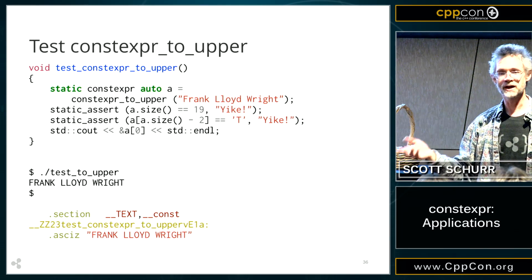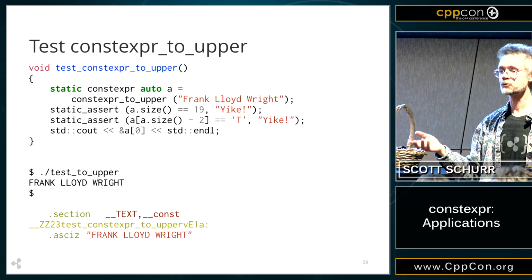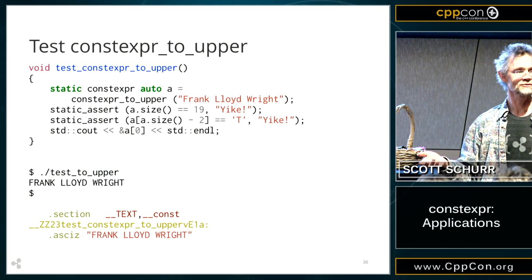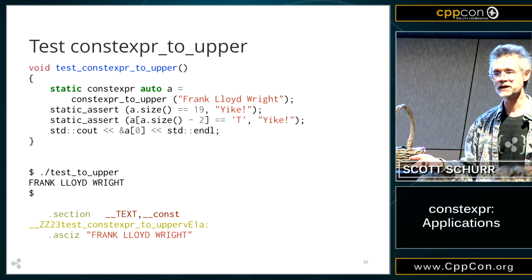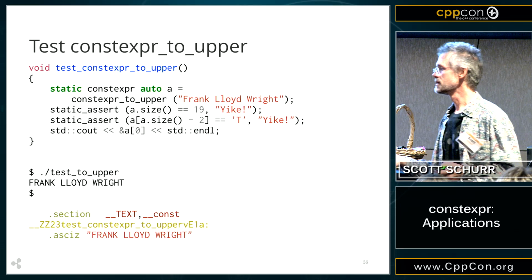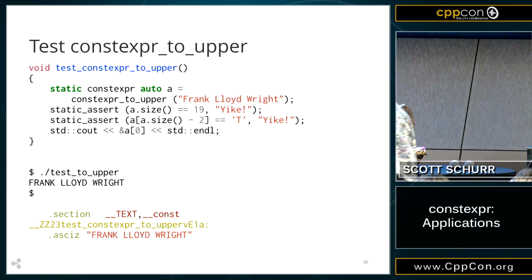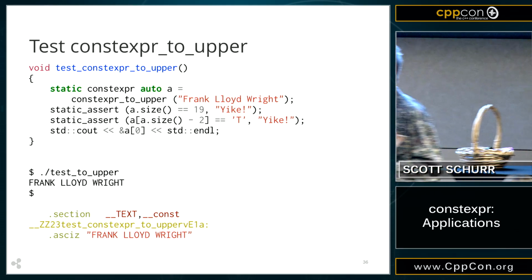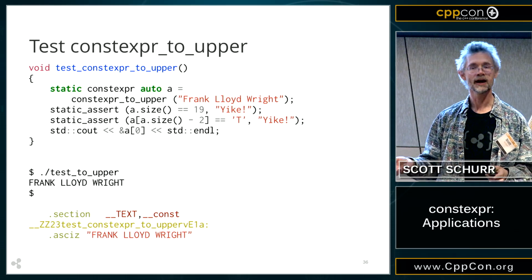The mixed case Frank Lloyd Wright was not present in the resulting object file, only the uppercase. So this leads me to believe we can do some interesting stuff with text at compile time.